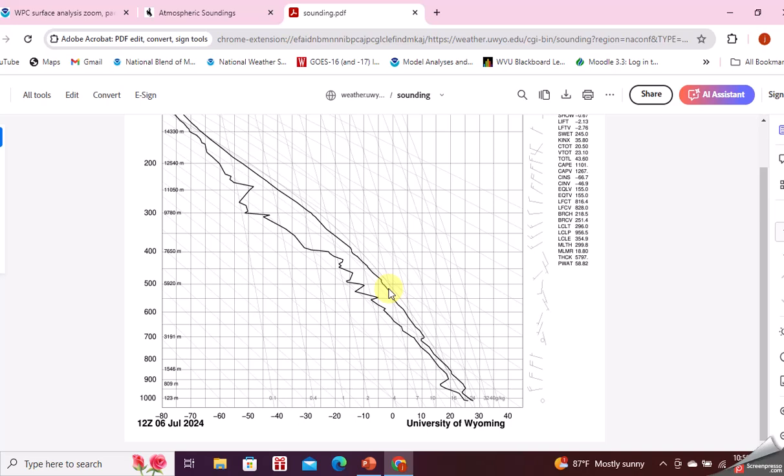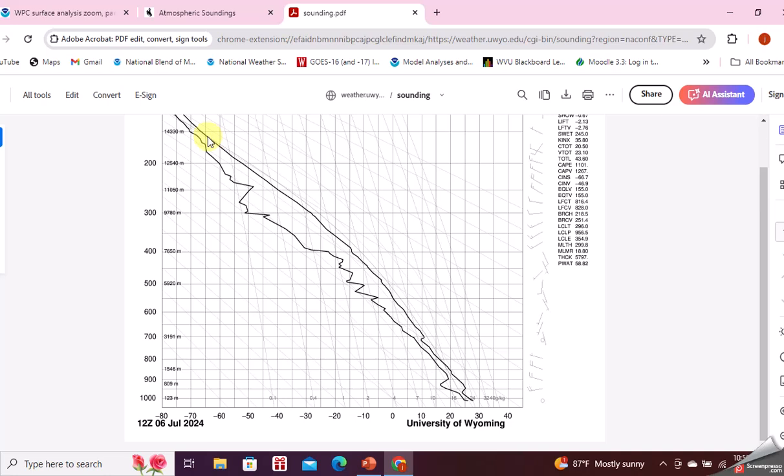Now those two things are what I'm looking for on a chart. So if I were to lift a parcel of air from down here at the surface along this moist adiabat, and I'm assuming it's going to be saturated because that's a very high relative humidity sounding there. So if it's saturated, it's going to move right along this moist adiabat all the way up to right about here where it hits it.